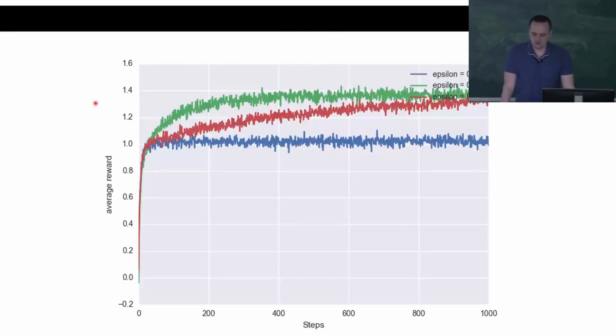And so the lower epsilon value means it's going to learn slower, but once it does learn, it's going to be choosing random things less often. Therefore, it's going to give more average reward. So if this graph extended, this is why I should have replaced this graph, but it will eventually go higher than the green one. Okay?